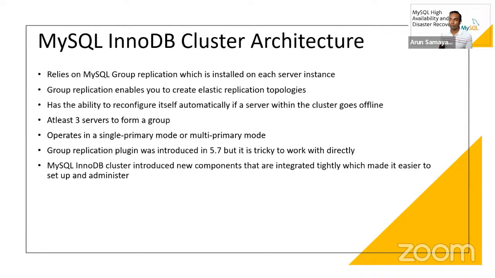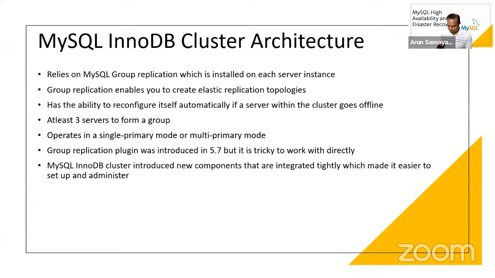For example, if you have to perform a read scale out, you would want a larger number of replica servers being created, so you can have those specific clients connecting to the secondary replicas to perform all of your read and analytical workloads.